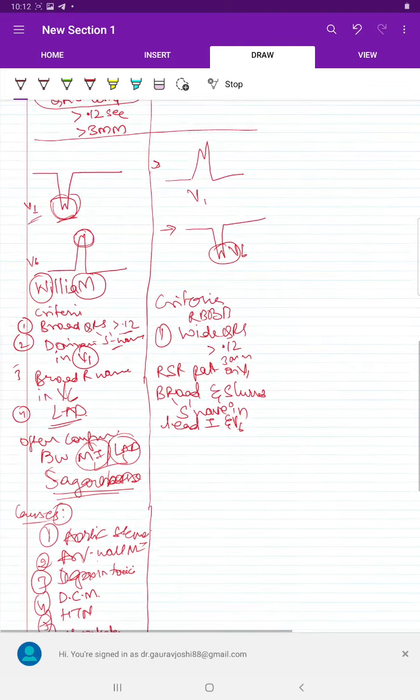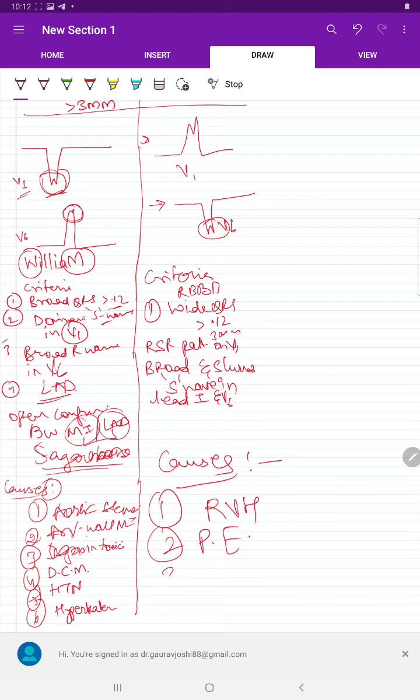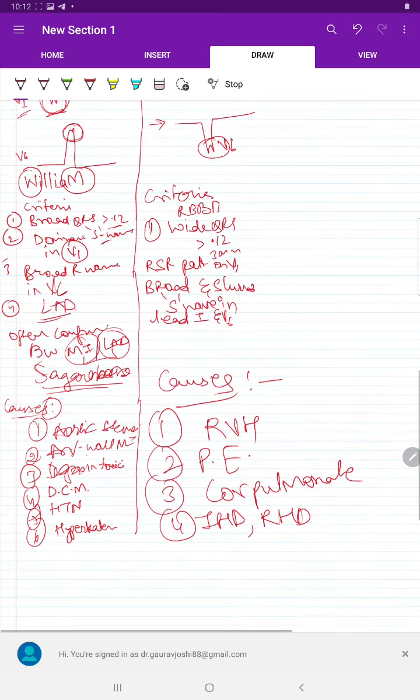And now we will go towards the causes, as we have studied the causes of left bundle branch block. There are also some causes here. What you can see is right ventricular hypertrophy, pulmonary embolism, cor pulmonale, ischemic heart disease, rheumatic heart disease, and cardiomyopathies.